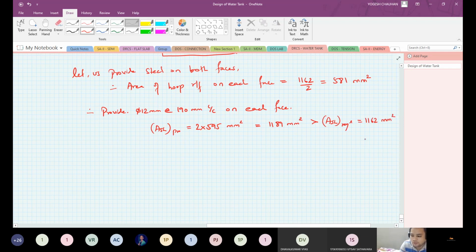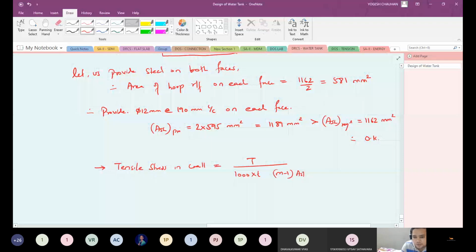Therefore, okay. Now we also have to check the tensile stress in the wall and make sure that the tensile stresses are not exceeded. If they are exceeded, then we have to increase the steel accordingly. So the tensile stress in wall is equal to T divided by B, that is per meter, B into T, plus M minus 1 into AST, or we can say ASH.